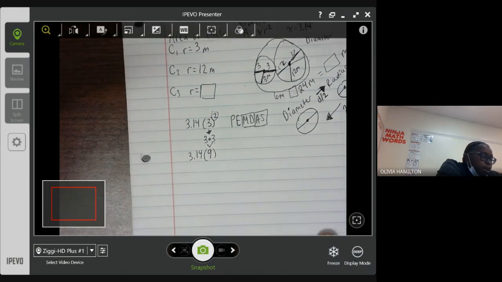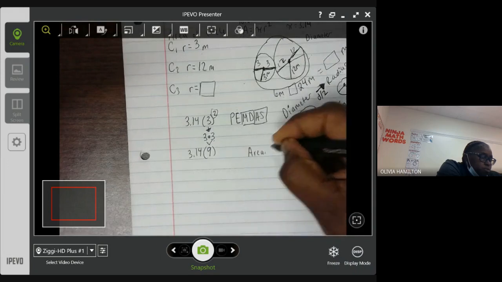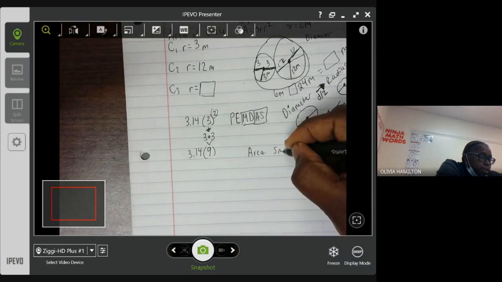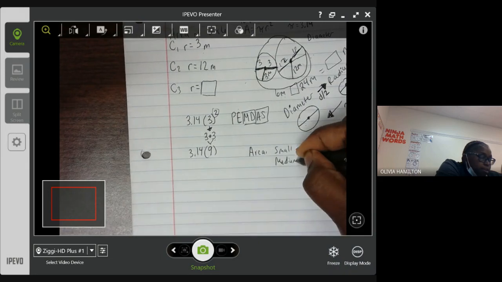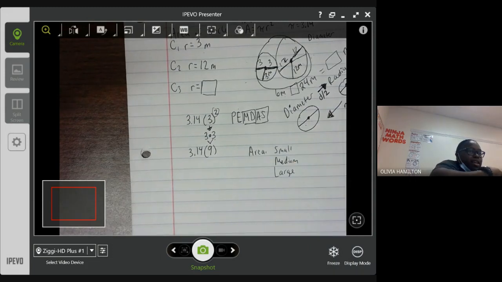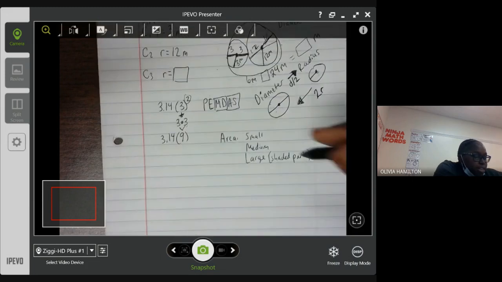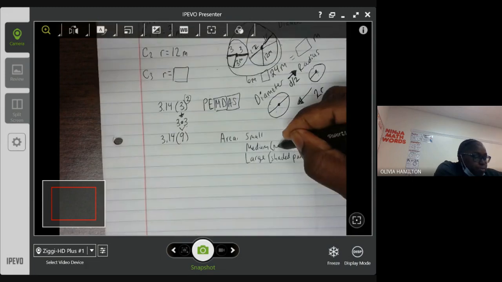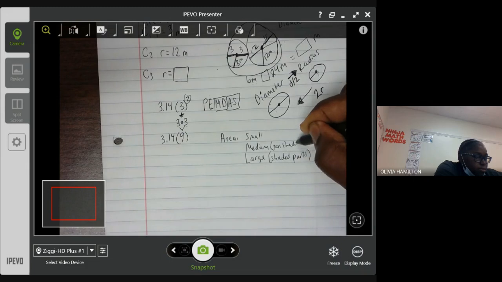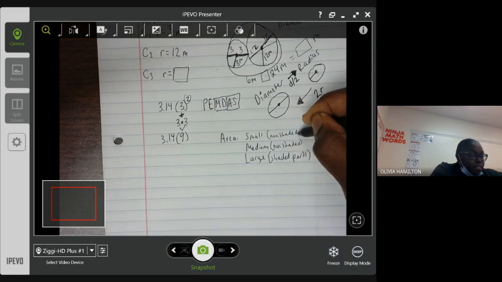Now, once you have the area of your small circle, the area of your medium circle, and the area of your large circle, going back to the question, it said we wanted the area of the shaded region, and the large one has shaded parts. These two are non-shaded. But they are within the large circle.